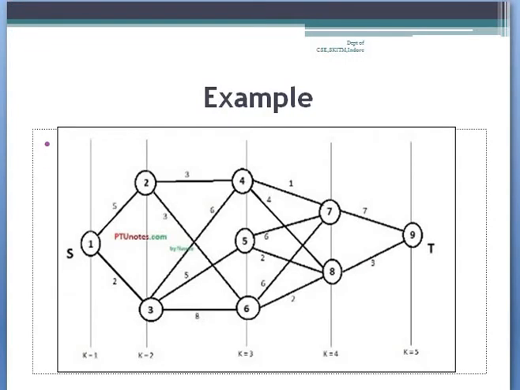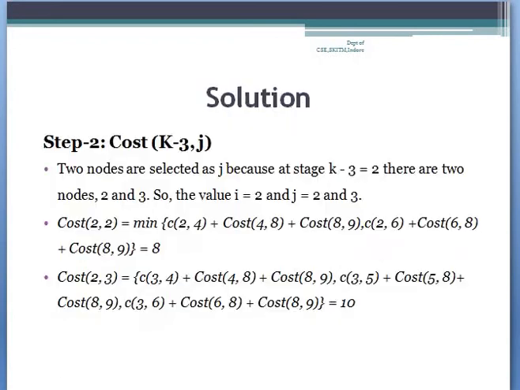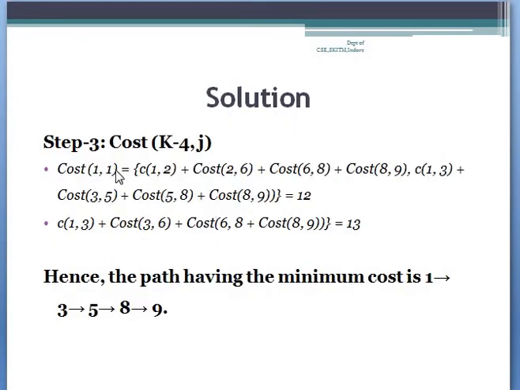If we are talking about this graph, from here we can go to 3 to 4, 5 and 6, and next we had calculated this cost value 2 to 2.